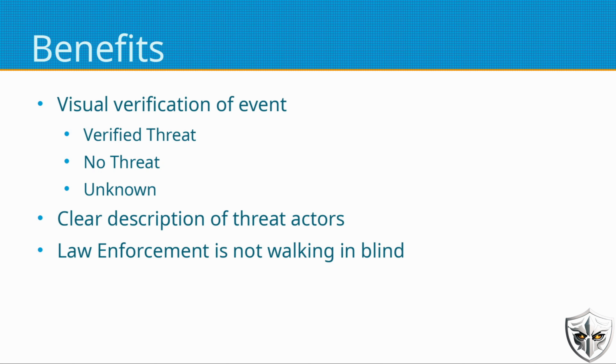From the clip that's received by the monitoring center, they may not be able to see that the sensor fell off the door. So in that case, it would be unknown. But they would be able to verify that there are no people in the building. And so, again, they may still request a police response, but it doesn't have to be a rush, and the police know that they're not going to encounter someone inside the building.